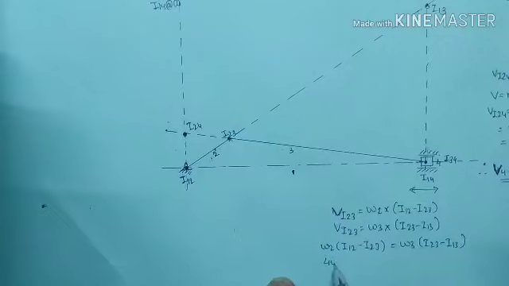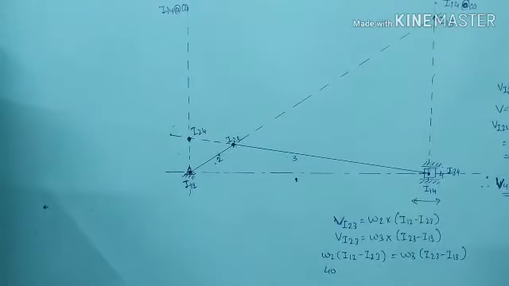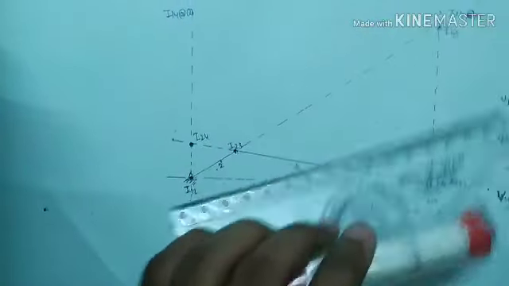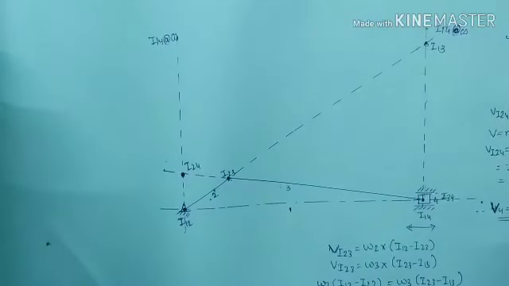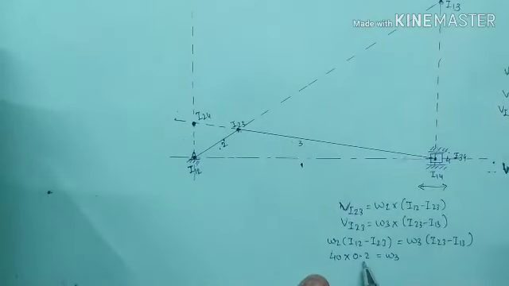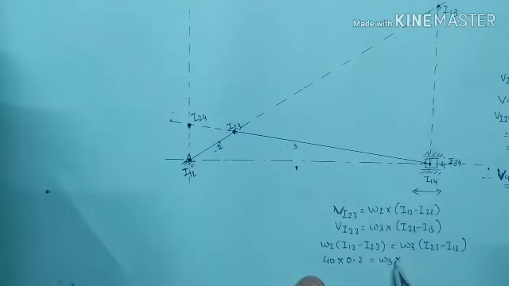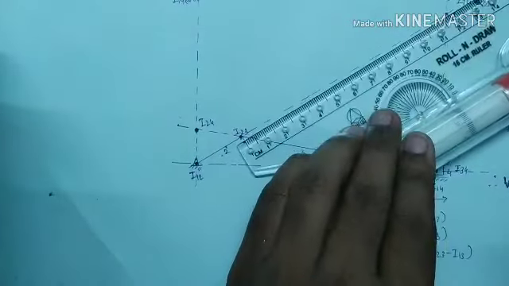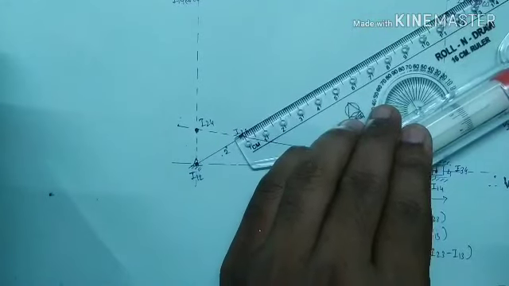Omega 2 is known, that is 40. I12 to I23 we have taken as 2.5 centimeter, and multiplying with the scale ratio we get 0.2 in meters. So 0.2 into 40 equals omega 3 into I23 to I13, which is 11.7 centimeter.